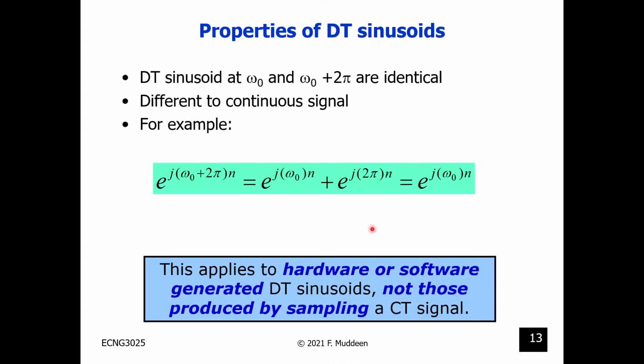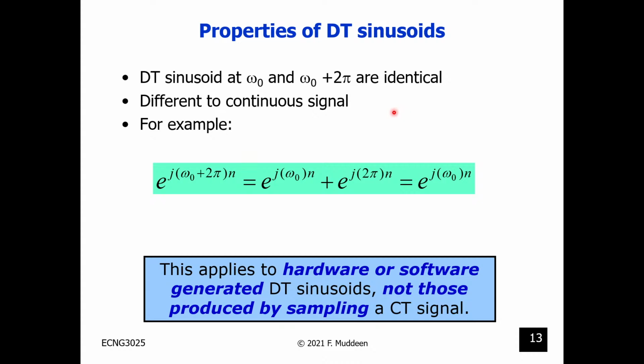In analyzing the properties of discretized time sinusoids, we're going to explain in the next few slides that with omega naught being our centralized frequency, a shift of omega naught plus 2 pi in a discretized time sinusoid gives you the same signal.